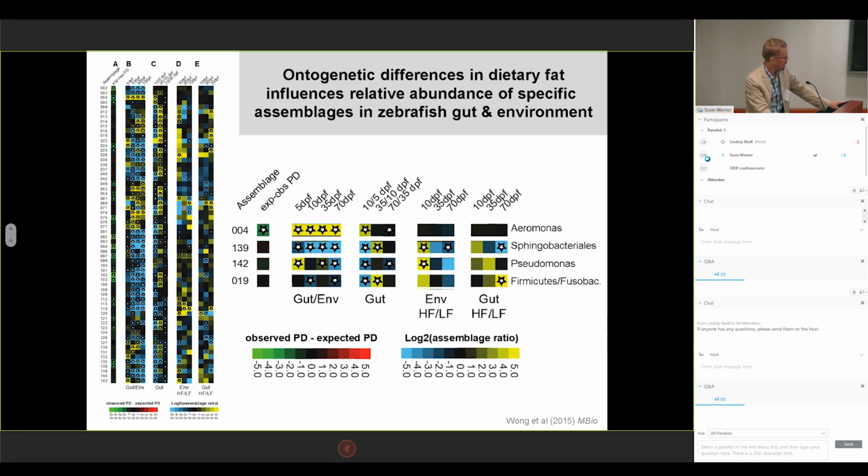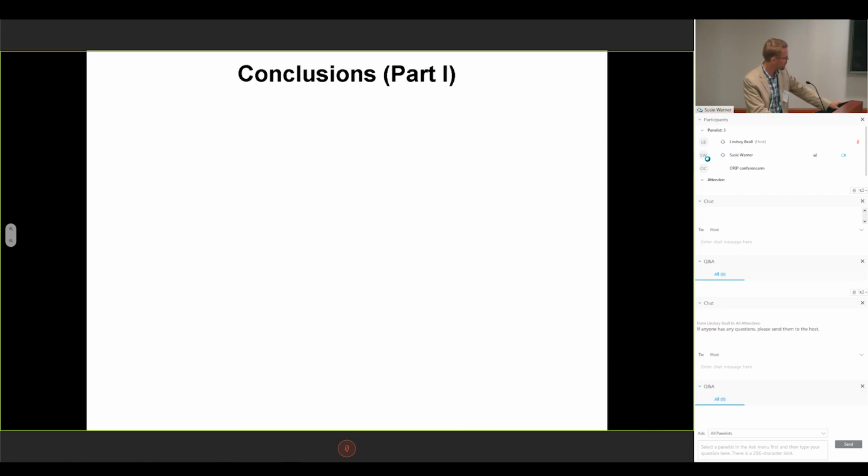And perhaps more importantly for what I'm going to tell you next, members of the Firmicutes phylum here, in the last group, were enriched significantly in the gut at later developmental stages. Okay, and so this raises questions about what are the rules that govern community composition in the gut? How does dietary fat affect those rules, et cetera? These are things which my lab has continued to take an interest in recent years.